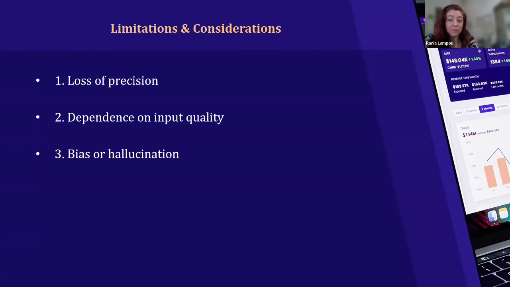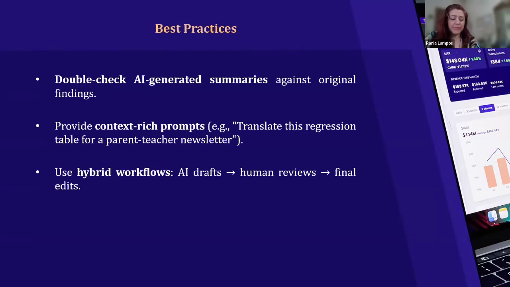As I said before, remember, garbage in, garbage out. And bias or hallucination: AI may generate plausible sounding but inaccurate explanations if not grounded in real data or prompts. So the best practices are to always double check AI generated summaries against original findings, to always provide context-rich prompts, and use hybrid workflows.